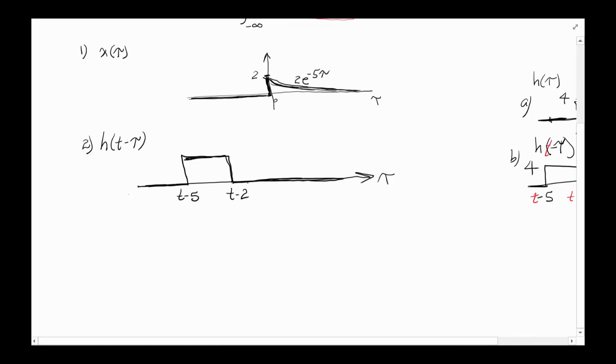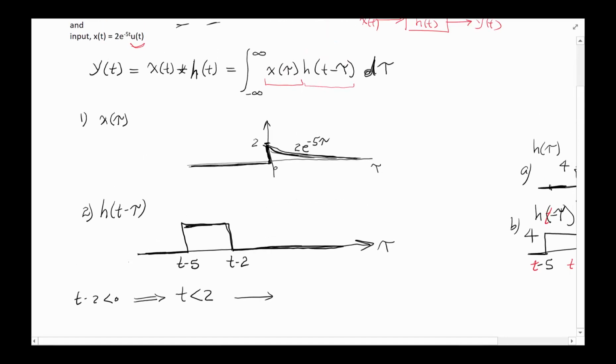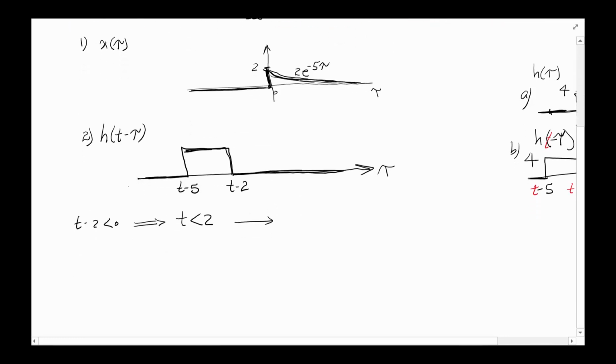As you can see, when the front end t minus 2 is less than 0, which basically tells me t is less than 2, this has not reached where the non-zero part of x of t is, which means in this integral, x of tau is equal to 0. So it really doesn't matter what h of tau is. In this area, y of t is equal to 0.